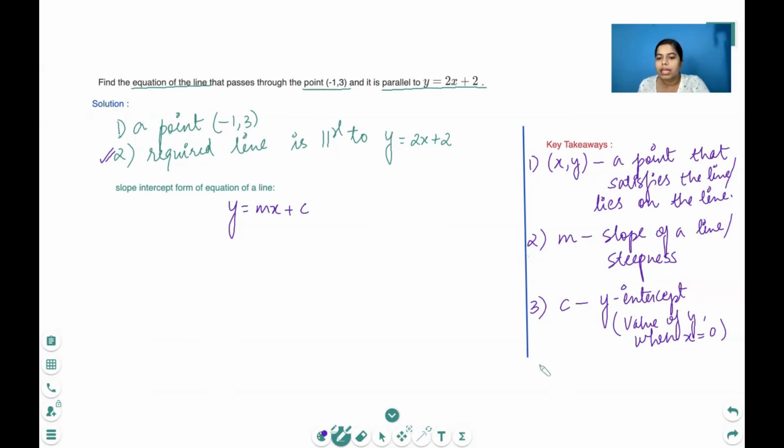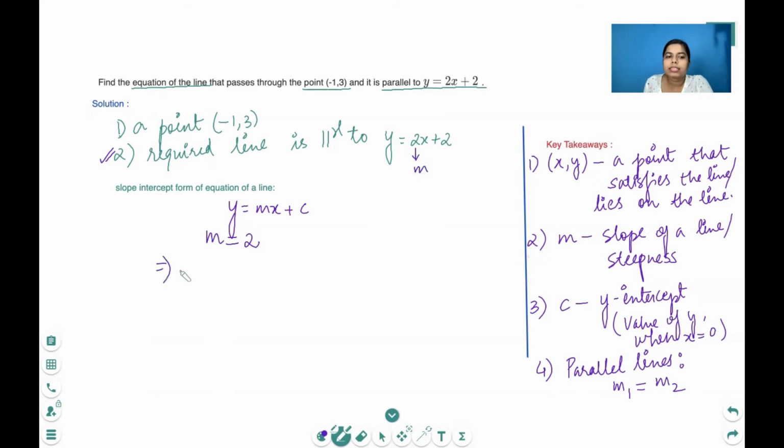That's our fourth key takeaway: slopes of parallel lines are equal. If the slope of one line is m1 and the slope of another line is m2, m1 will be equal to m2. So for the required line, m is equal to 2, because in the given line, the value of m is 2.